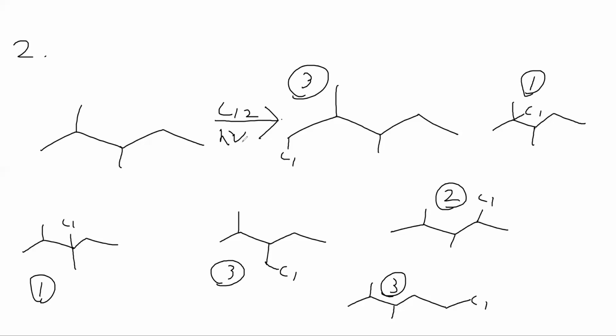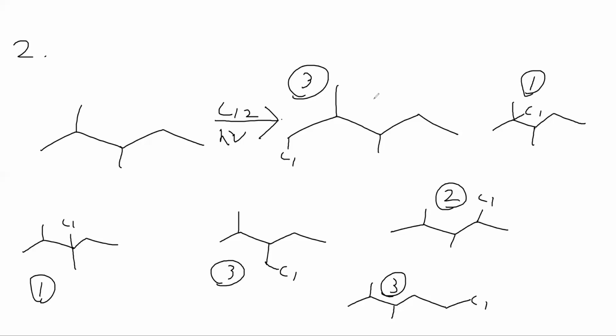And Markovnikov's rule was followed a lot of the time because the more substituted cations were more stable than the less substituted ones, and radicals have the same stability trends. So the more stable radicals are going to form faster, and they're going to be the ones that lead to products. So because they form faster and react faster, you get more product.